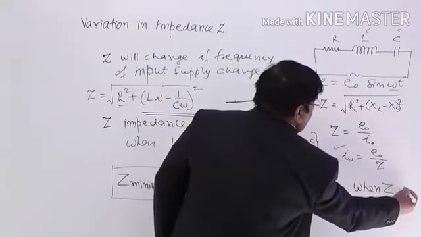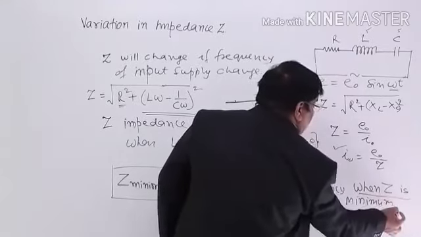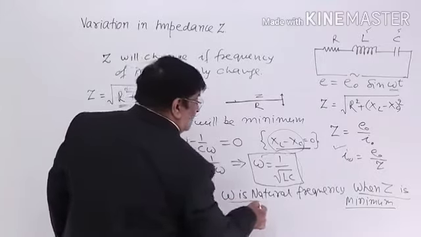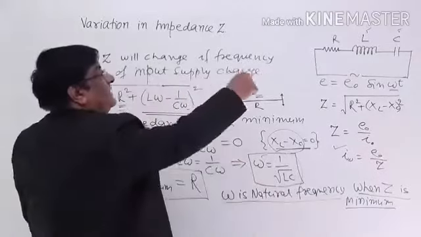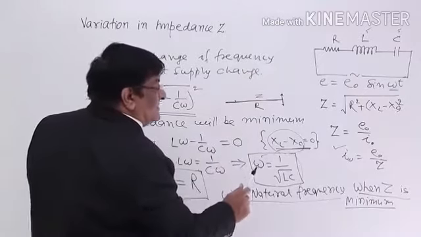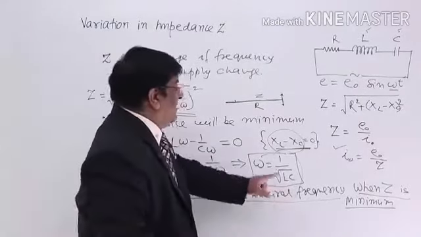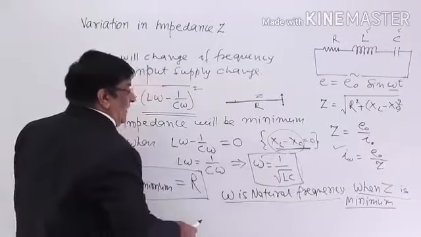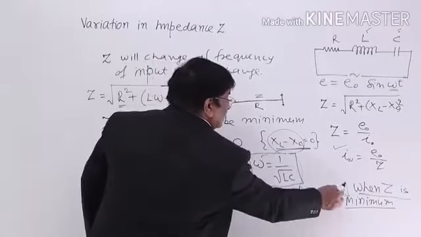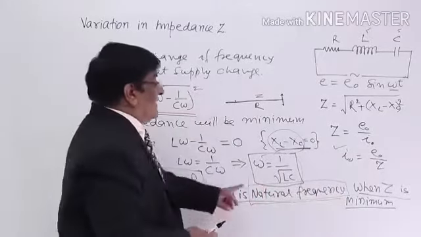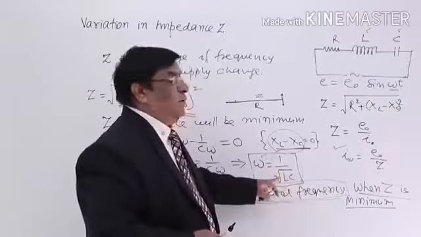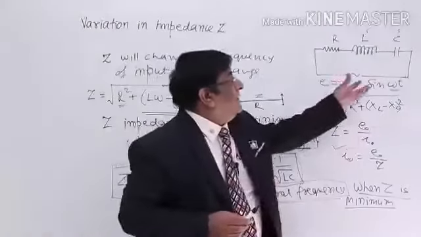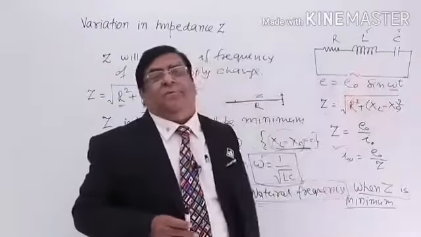Whatever omega is at that time is known as the natural frequency of the circuit, and Z is minimum when omega is equal to 1 upon root LC. Remember this natural frequency. If we bring a supply with that frequency, at that time Z will be minimum.